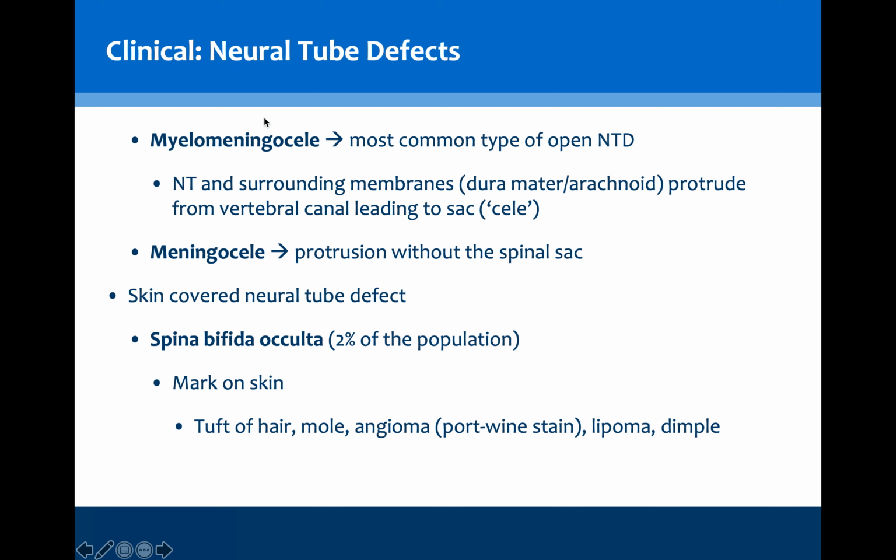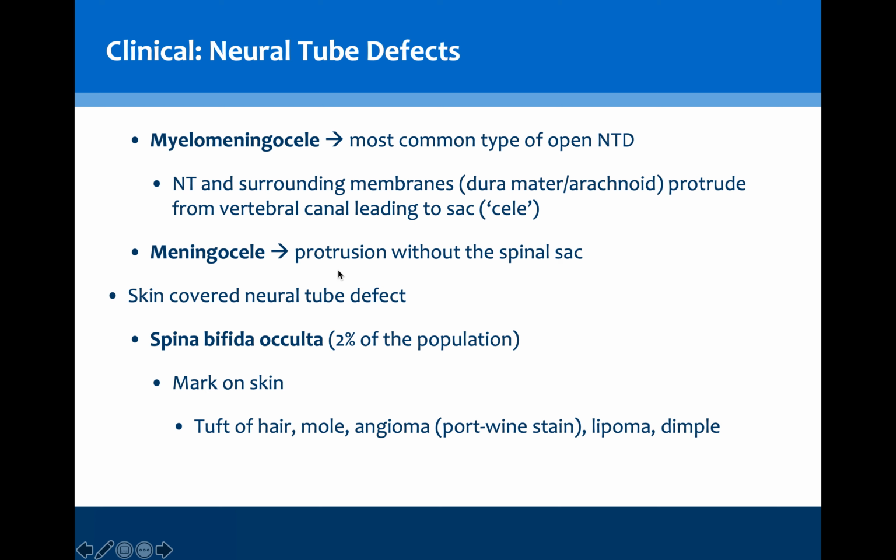Okay, myelomeningocele: the spinal cord, the surrounding meninges, and a sac. It's all derivative in the name. And then you have the meningocele, where there is no spinal cord in the surrounding sac. But you still get this protruding lesion.